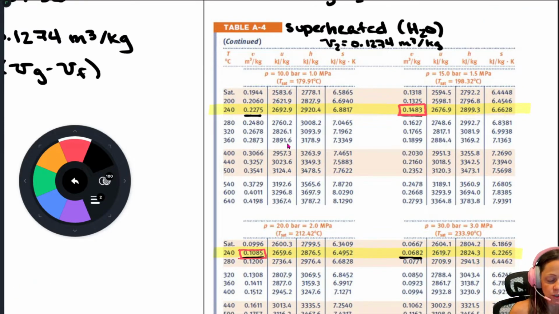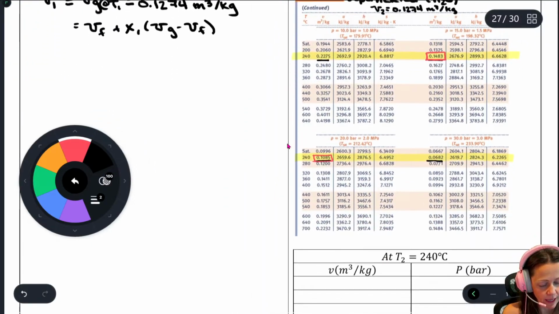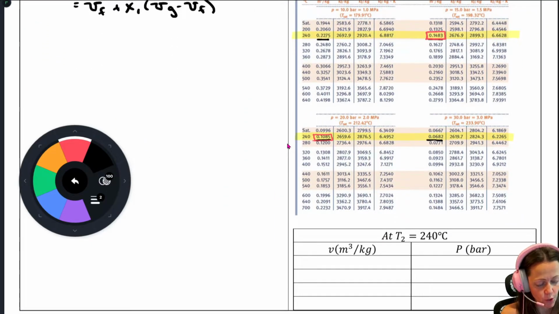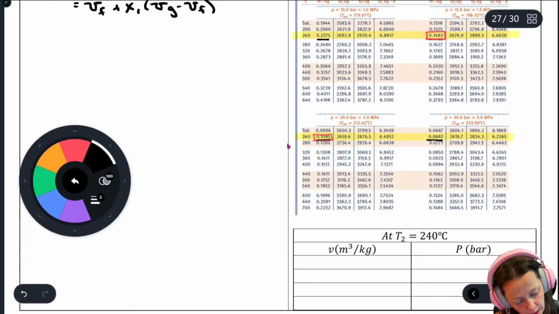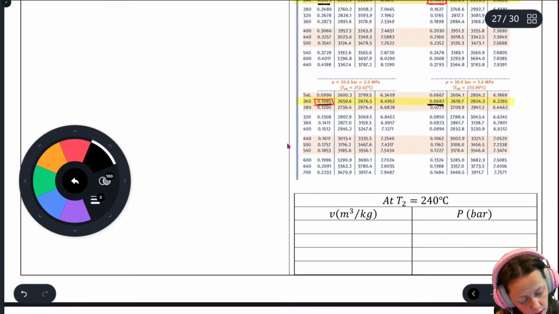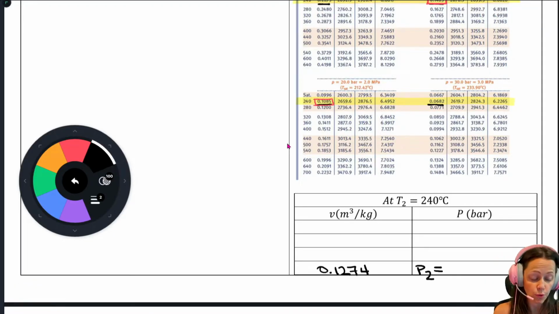And so what I'm going to do is organize that information into kind of my own table. Okay? So I've done that down here. So my value, I am looking for a P2 value at 240 degrees Celsius and 0.1274.